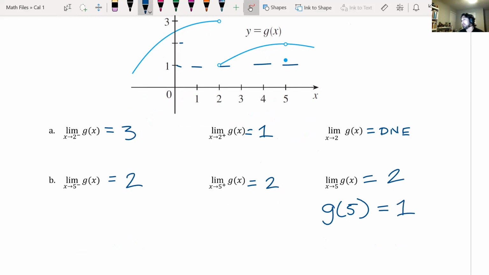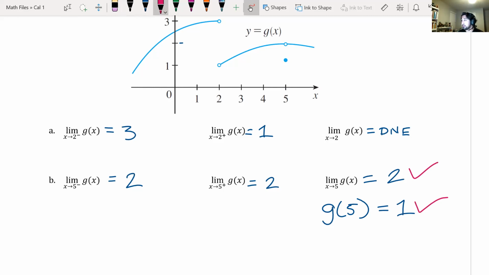Okay, so this should start getting your brain rolling, saying, okay, a limit exists, a point exists, but is this function continuous? We have a limit that exists, that's a check. We have a point that is defined, that's a check.